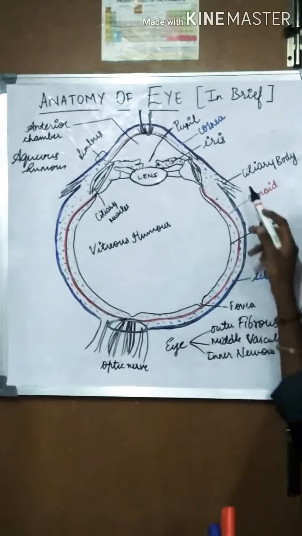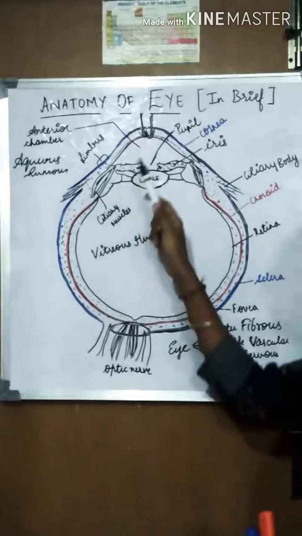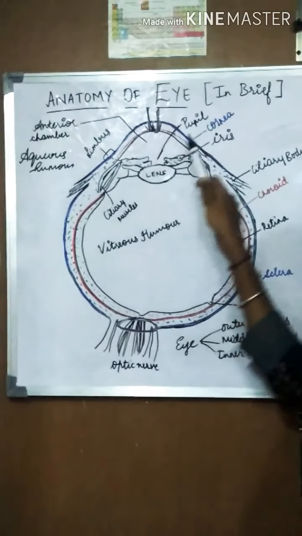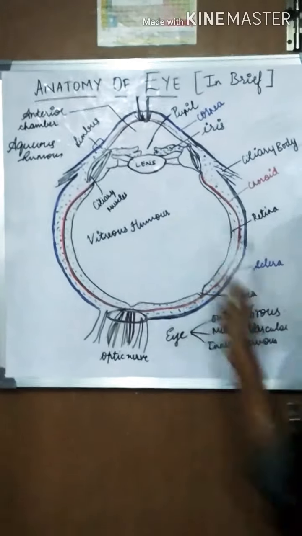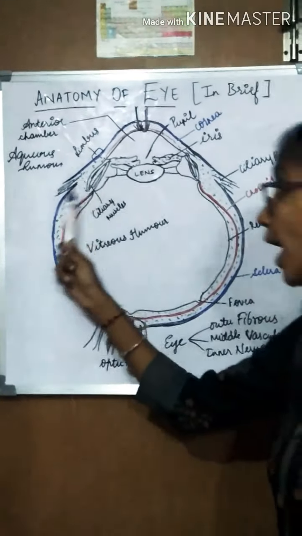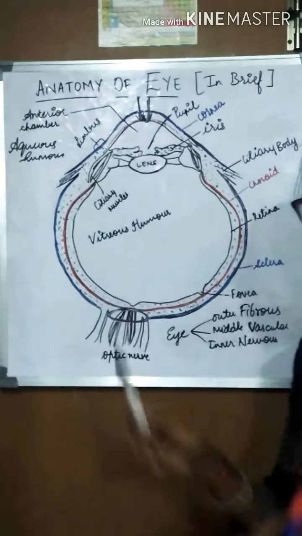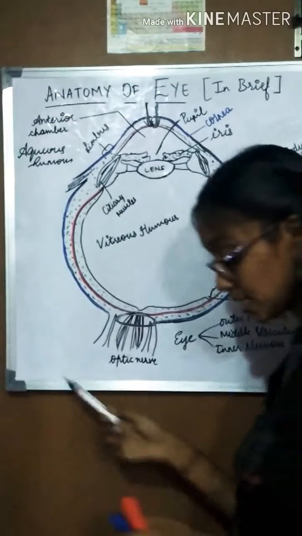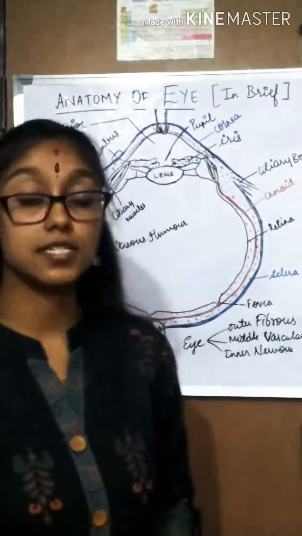The thickest part, the ciliary body, is present on either side, and it arises from the anterior margin of the retina. It is made up of ciliary muscles and ciliary processes.